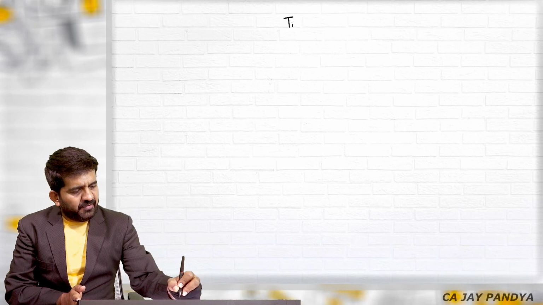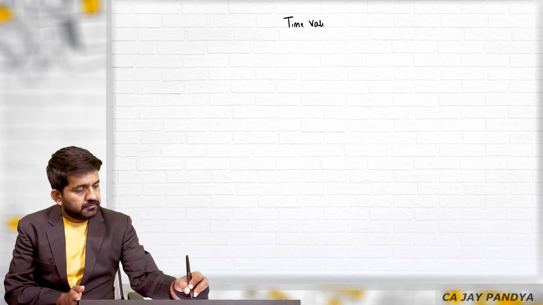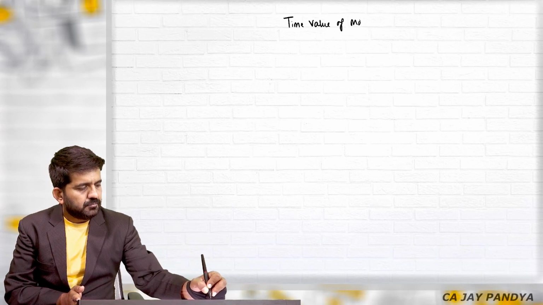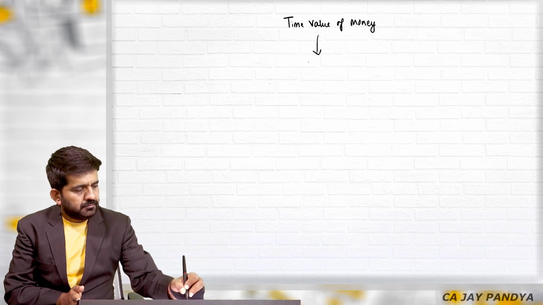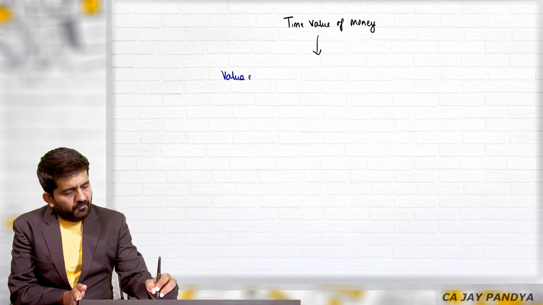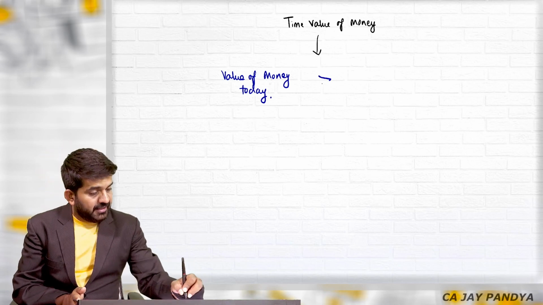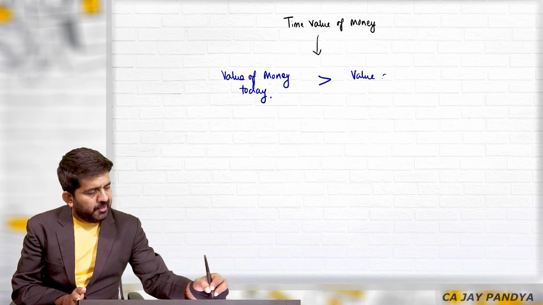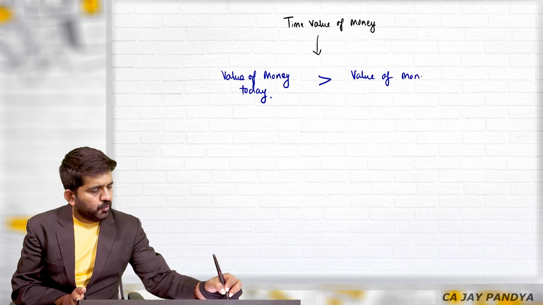So let us start first with the revision of time value of money. So we have understood time value of money in this manner. That is, value of money today is greater than value of money tomorrow.